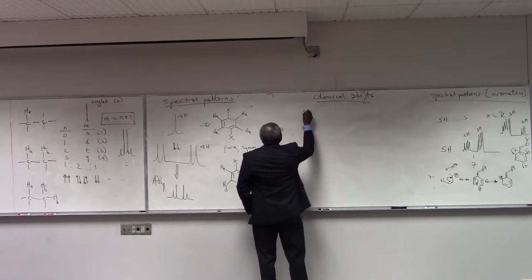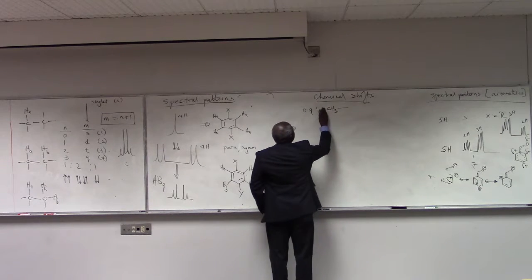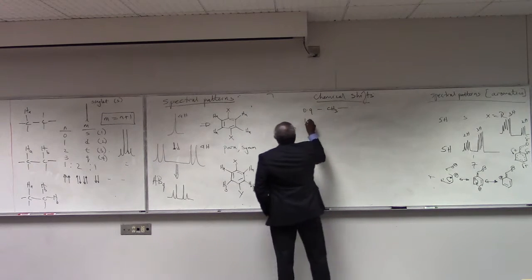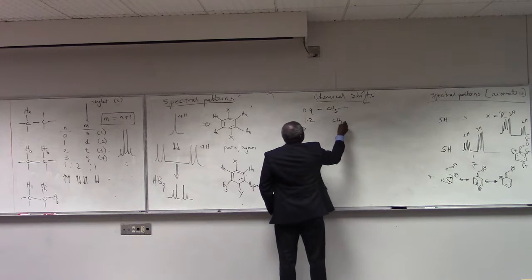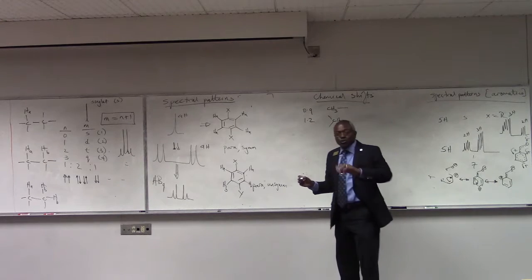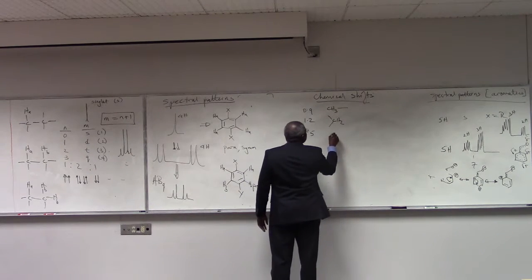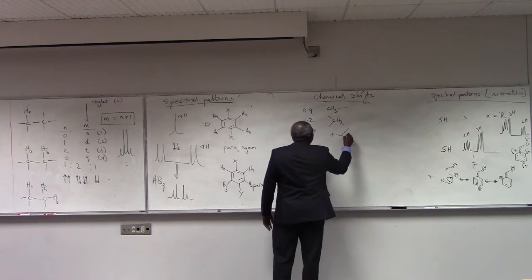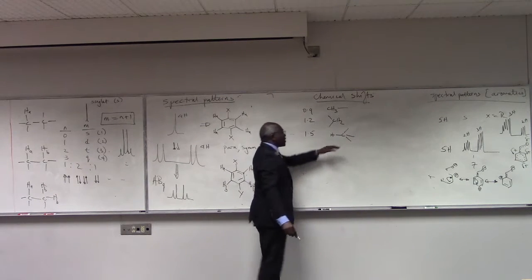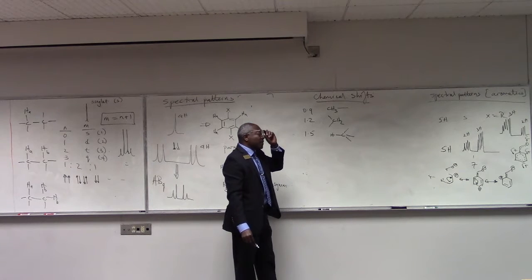And so 0.9 speaks to a methyl that is unperturbed. 1.2 is a methylene that is not anywhere near to groups that push or pull electrons. 1.5 is for a methine that is not anywhere near to things that push or pull electrons.